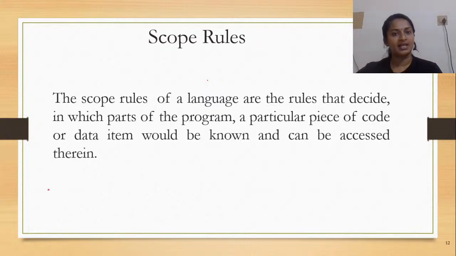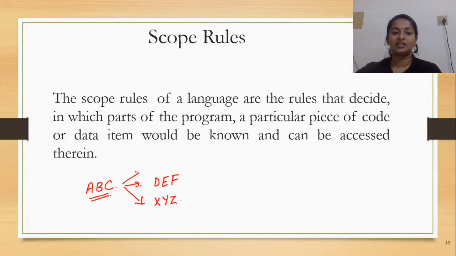Let us take an example of an individual. Say the name of that individual is ABC, and this person is residing in a place named DEF. This is his residence, and maybe he is working in an office named XYZ. This ABC would have a friend circle also, and let's name it PQR.